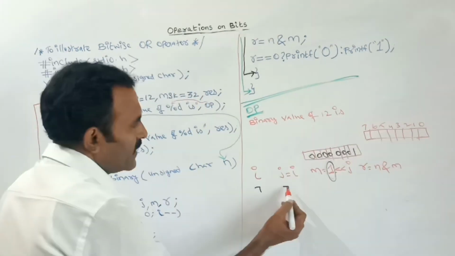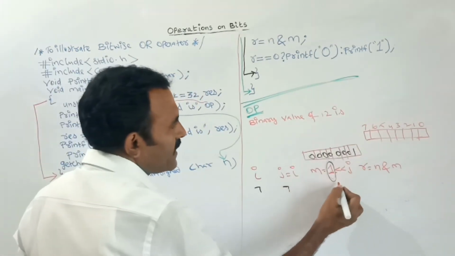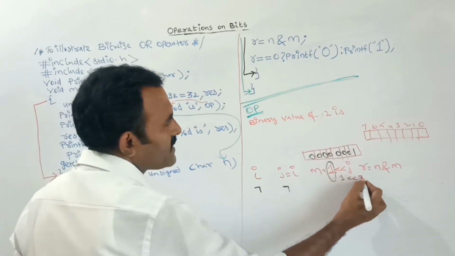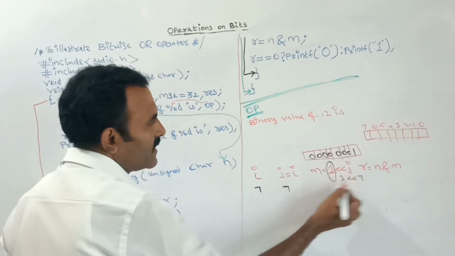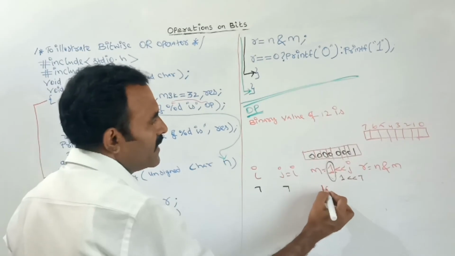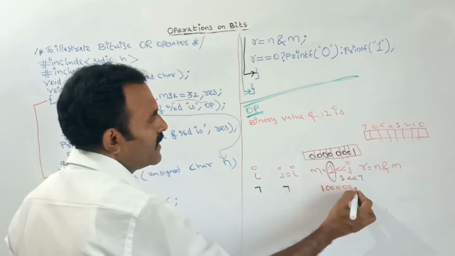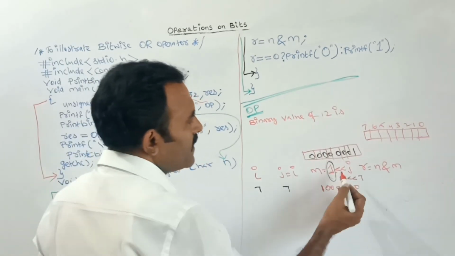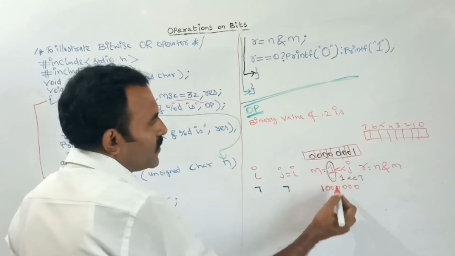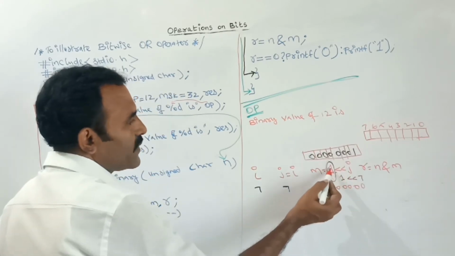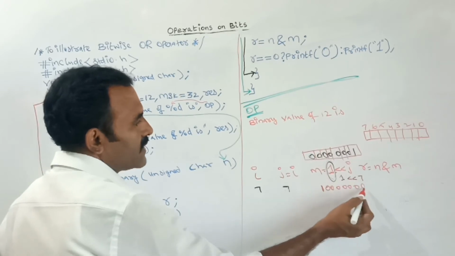So here once you are left shifting this 1 with 7, that is j is equal to 7, then this is the answer: 1, remaining every bit value will be 0. This we have seen in the shift operators. So if you are left shifting 1 with 7, this is the answer.